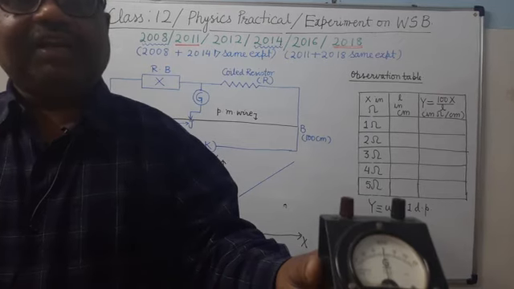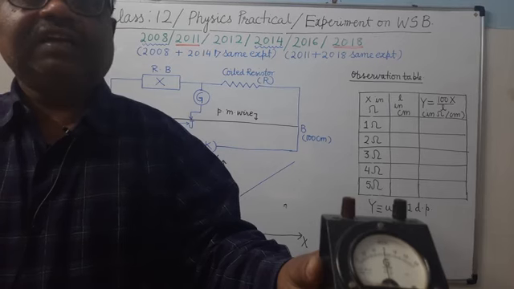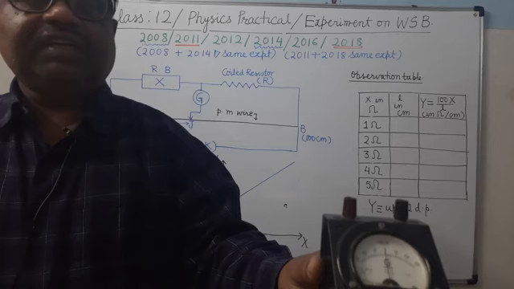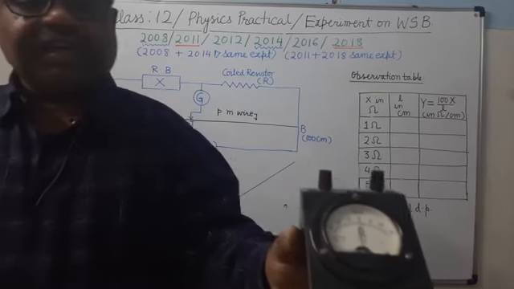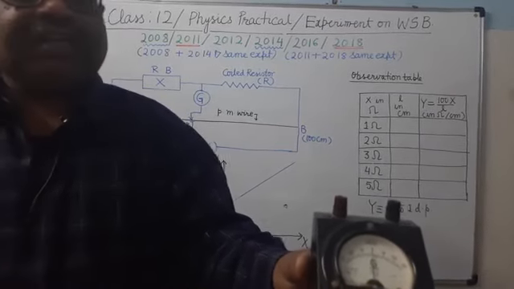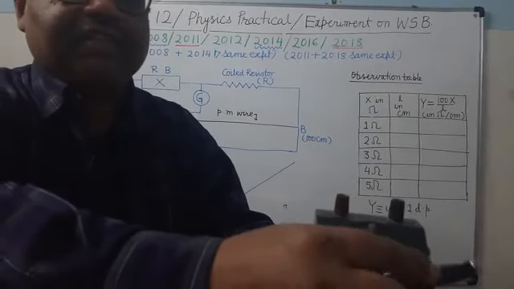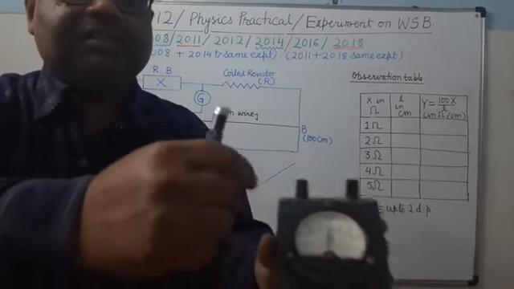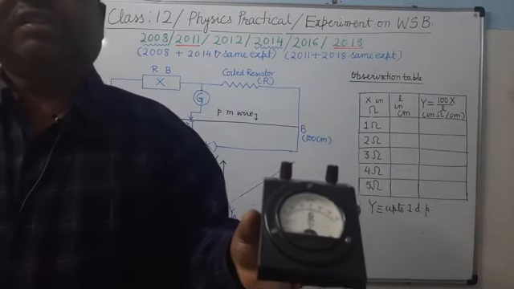In the ammeter and voltmeter, the needle was at the leftmost position at 0, and it was deflecting in which direction? In the clockwise direction. But here in the galvanometer, the needle is at the center, meaning in the undeflected position the needle is at the center, and it can deflect clockwise as well as anti-clockwise. It's clear?